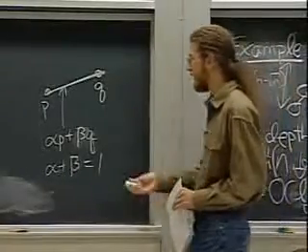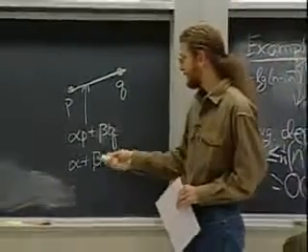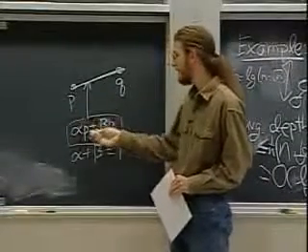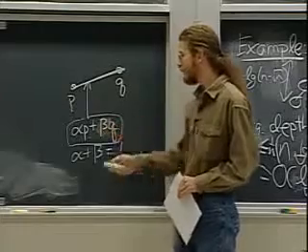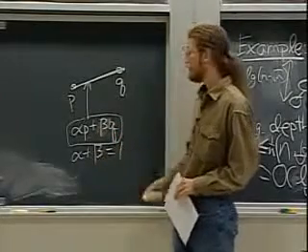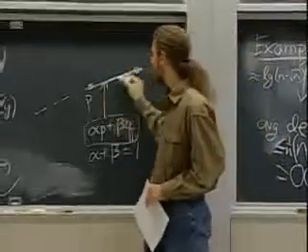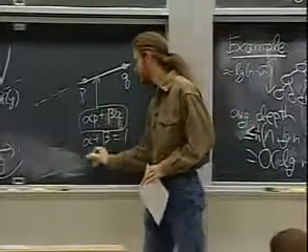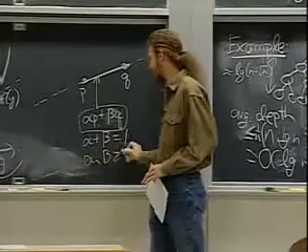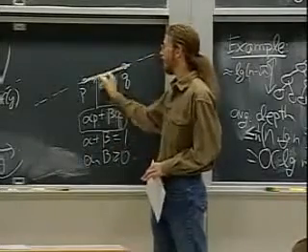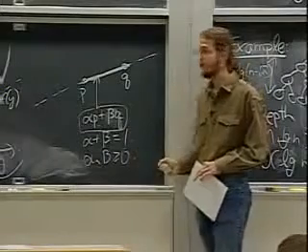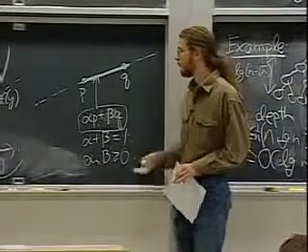If you take all such points, alpha times the point P plus beta times the point Q, where alpha plus beta equals 1, you get the entire line here, which is nifty, but we don't want the entire line. If you also constrain alpha and beta to be non-negative, you just get this line segment. So this forces alpha and beta to be between 0 and 1, because they have to sum to 1 and they're non-negative.